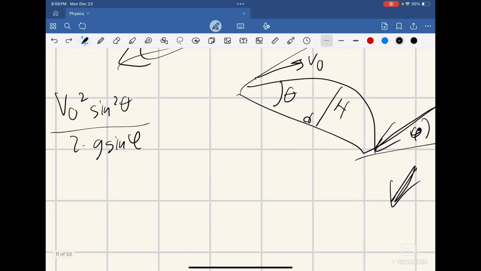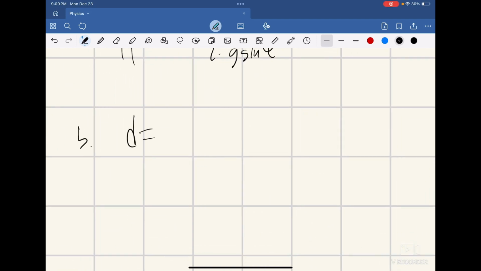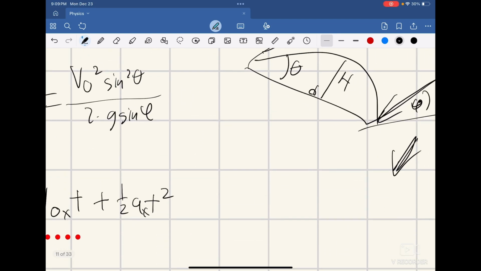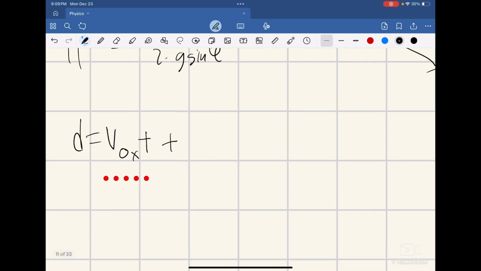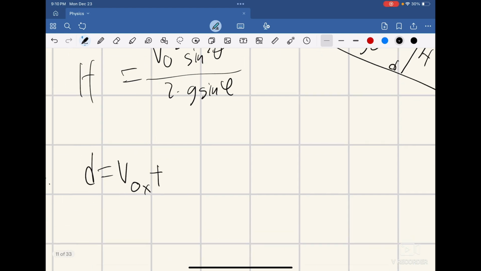Since we are asked to use d, we will use a formula. D, which is the x-axis, horizontal axis, is given by v initial 0x times t plus 1/2 a_x t squared. What we know about the acceleration in the x-axis is that there is none, since there's no force in the horizontal direction, so we can just get rid of that.